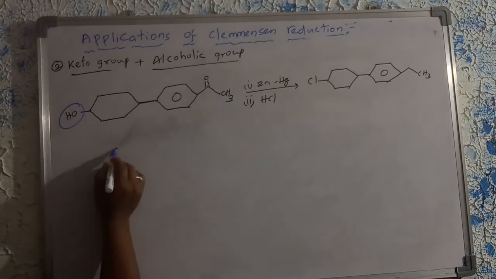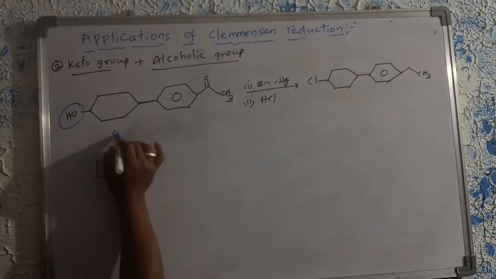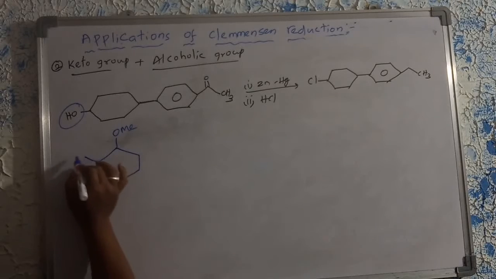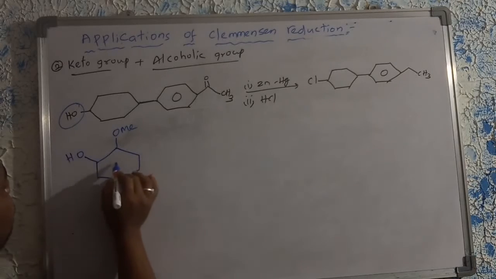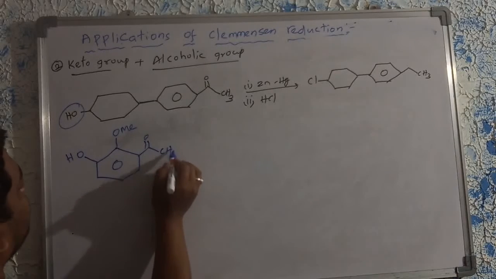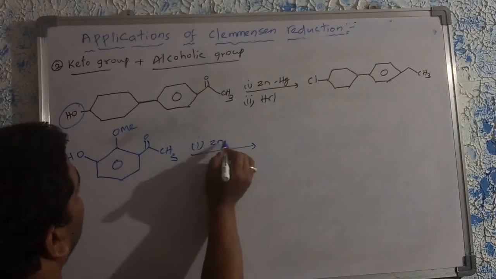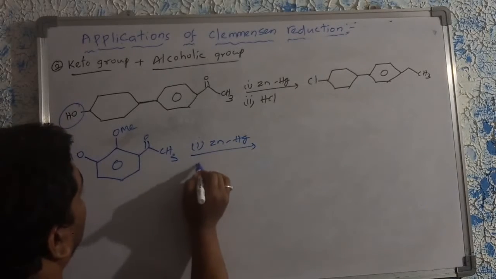Second example: methoxy, OH, C=O CH3, with zinc amalgam HCl.